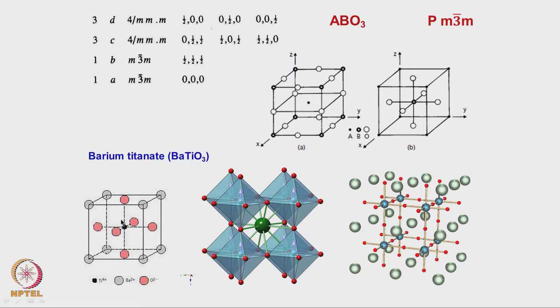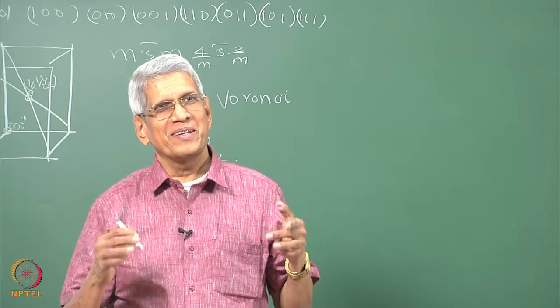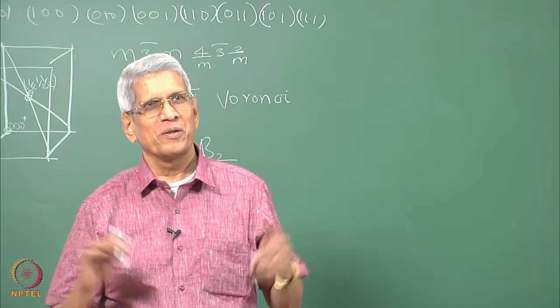Sometimes it can occupy half the total number of positions as well, right? Like in ZnS, sulfur occupies half of the 8 positions. Suppose the sulfur occupies the other half also, the stoichiometry will become ZnS2. Okay.